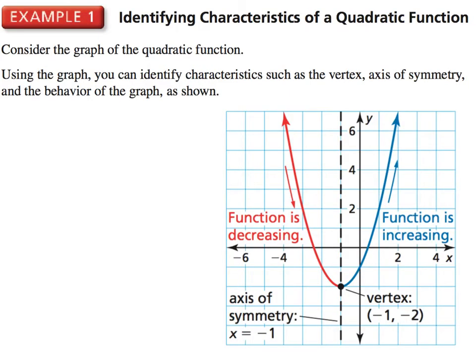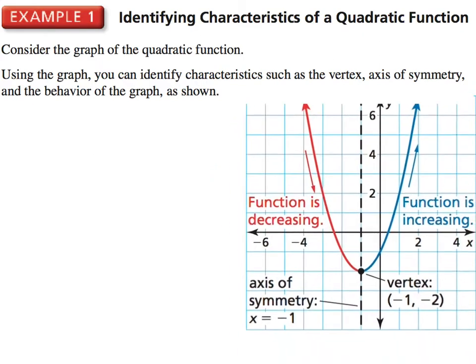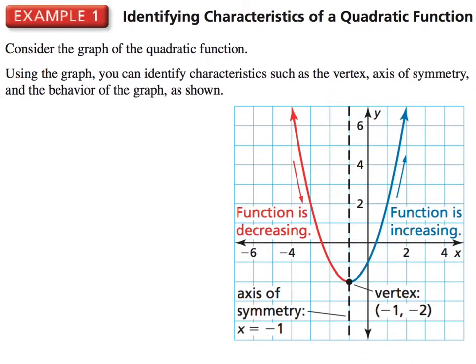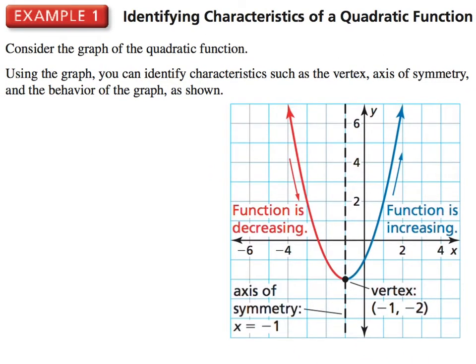So let's look at the graph that we have. Here's a graph. Consider this graph. Using the graph, identify characteristics such as the vertex, axis of symmetry, and the behavior of the graph. So when I say to analyze the graph or identify characteristics, this is what I'm looking at. You could say that the function is decreasing as it approaches the vertex.